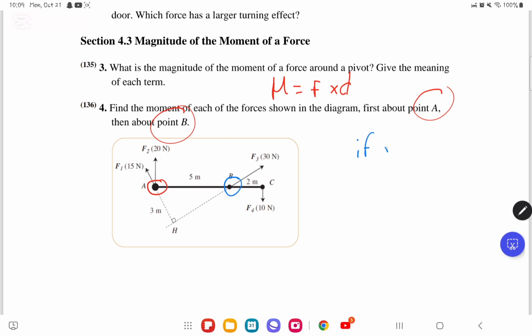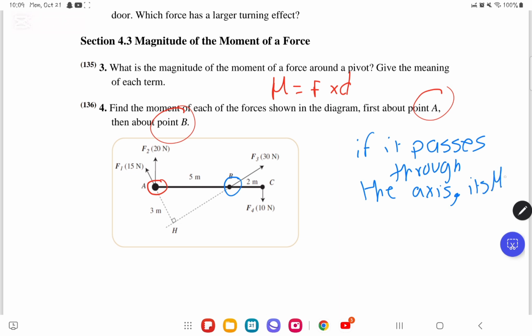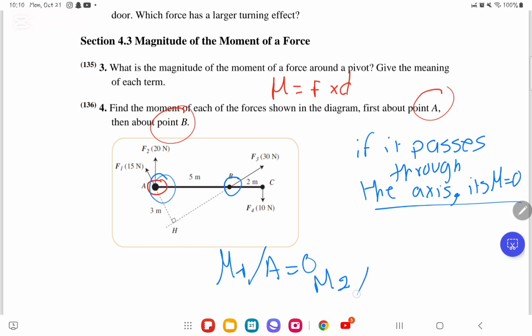Definitely, if a force passes through the axis, its moment is equal to 0. For about A, the moment 1 about A is 0 because it passes through the axis A. The moment 2 about A is 0 since it also passes through the axis A.